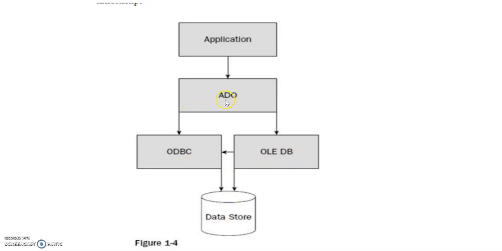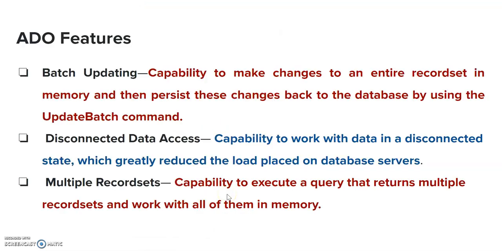So ADO is a high level API. If you have physical level APIs like ODBC and OLEDB, they interact with the physical level component of the ODBC drivers, and the ODBC driver is directly connected to the data store. So it is not only dependent on OLEDB, but can interact with any other data source also.